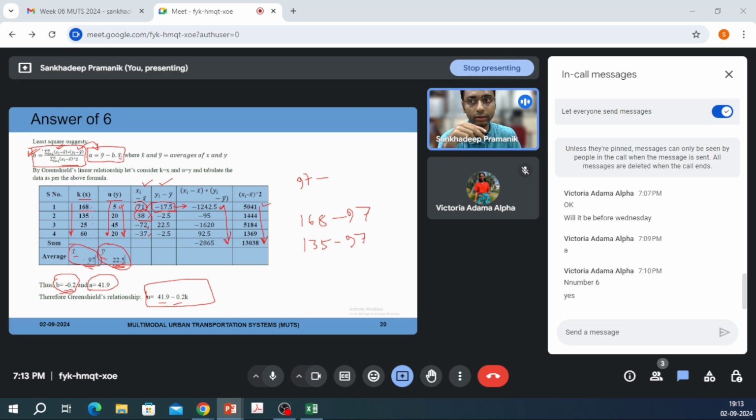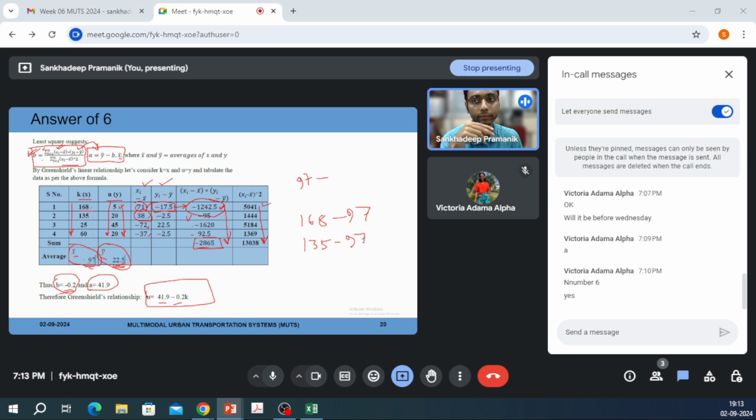Now for the numerator part, we need to multiply these, 71 into minus 17.5. Similarly, if you multiply the second, third and fourth, and finally sum these four, you will get minus 2865.